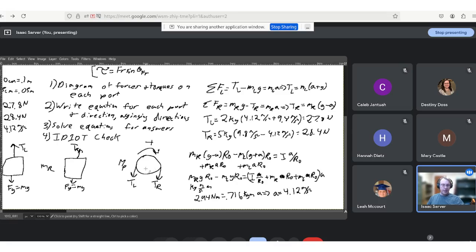So if my pulley had no inertia, no I to it, then it would take nothing to accelerate it, and these guys would be equal. The difference is what makes it accelerate when it has a mass.